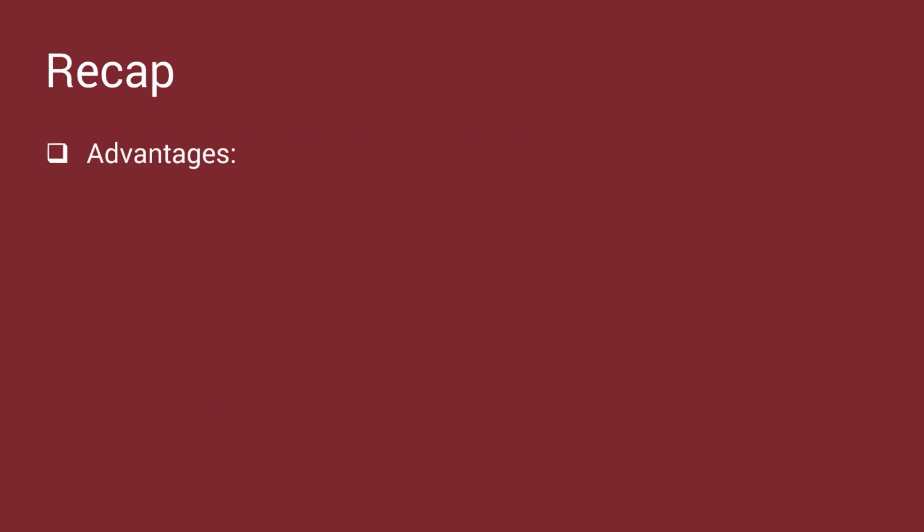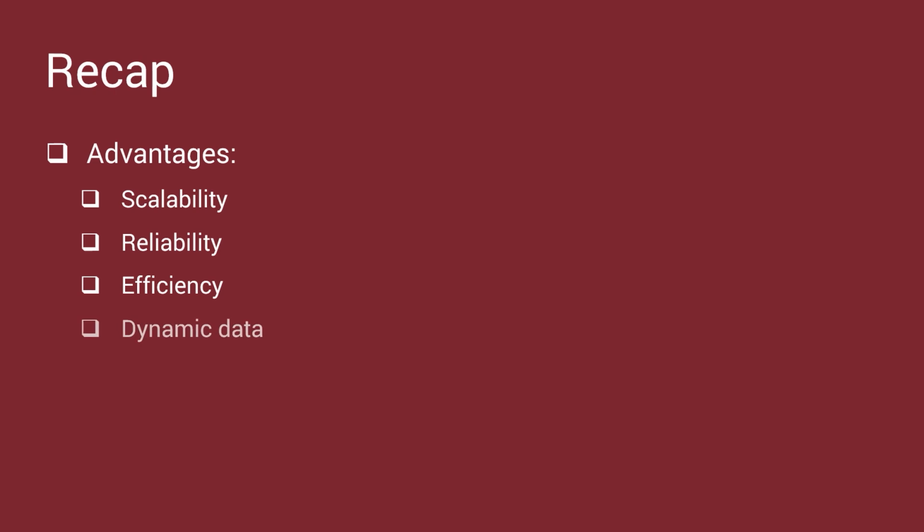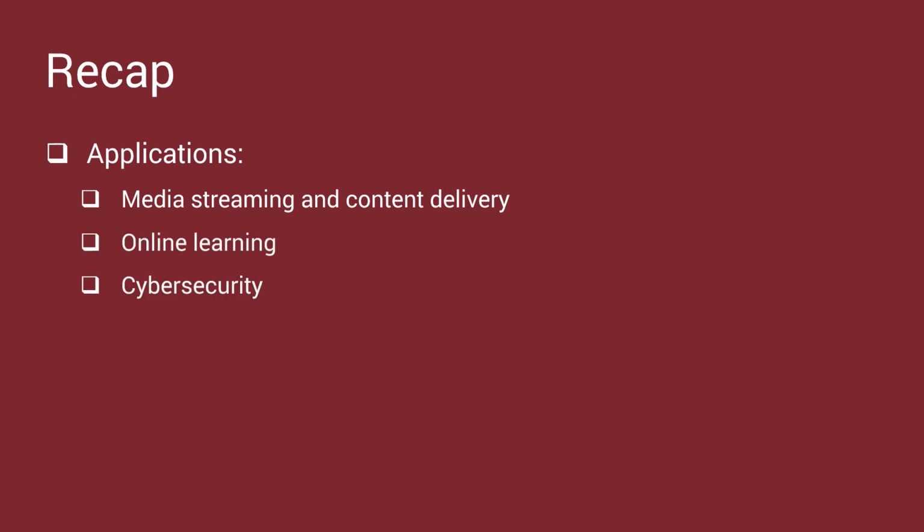The advantages of Cassandra include scalability, reliability, efficiency, dynamic data, and flexibility. Cassandra is used in e-commerce and inventory management, personalization, the Internet of Things, fraud detection, media streaming, and content delivery, online learning platforms, cybersecurity, and healthcare analytics.